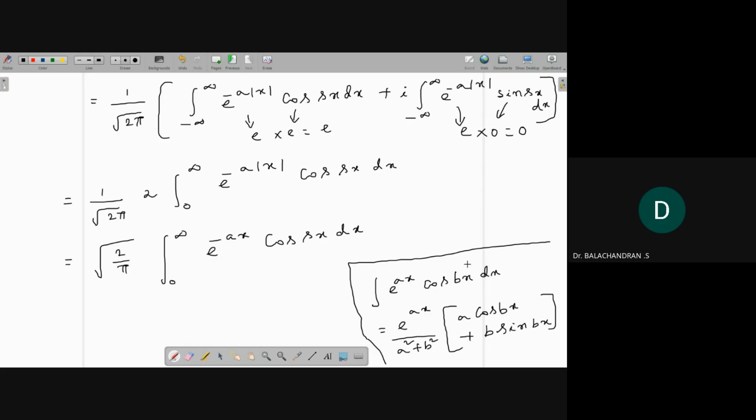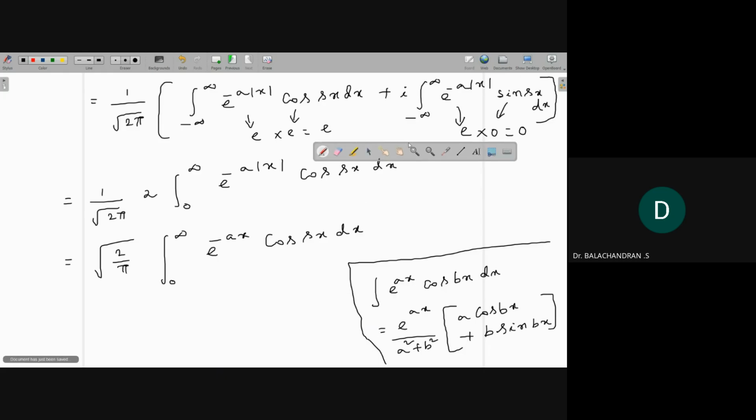Now using this, here a is minus a, b is s.